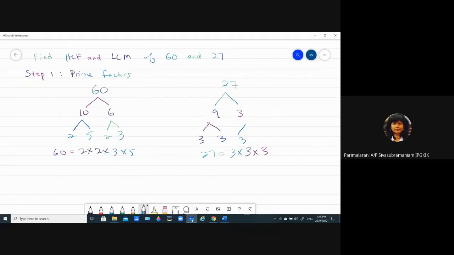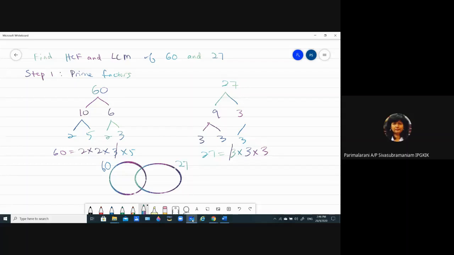Now we are going to draw a Venn diagram. What are the common factors between 60 and 27? We have a 3 here, right? Any more? No. So we draw a Venn diagram. This is for 60 and this is for 27.